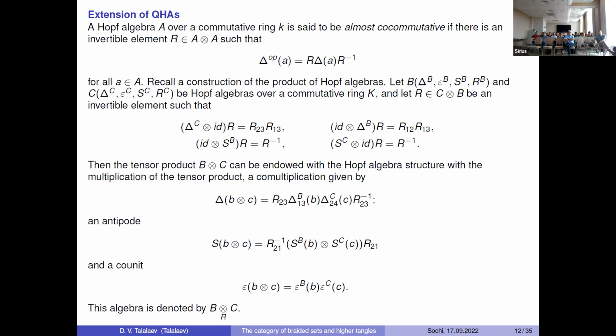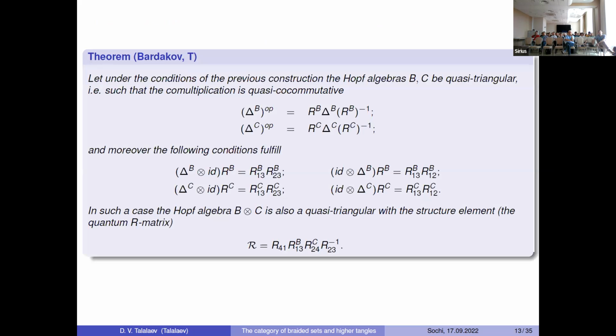Then the tensor product of B and C can be endowed with a Hopf algebra structure with the multiplication being just the tensor product multiplication, but the comultiplication is not trivial. It is deformed with the help of the additional element R. The antipode and counit are also defined in this context.